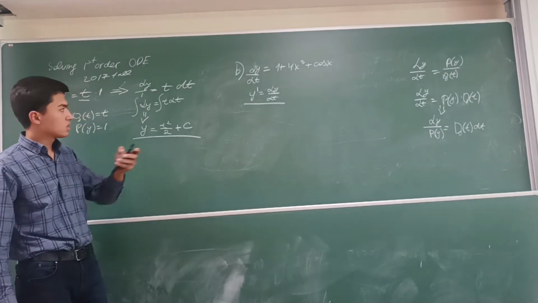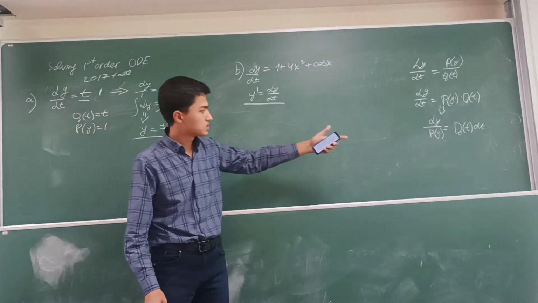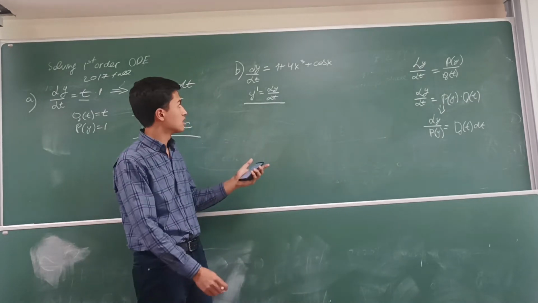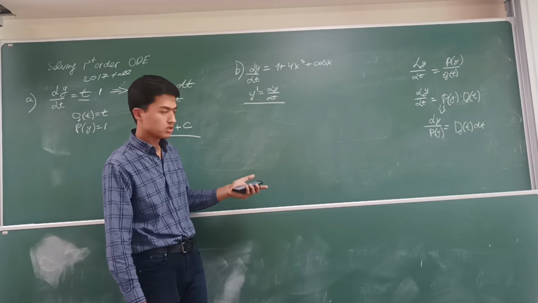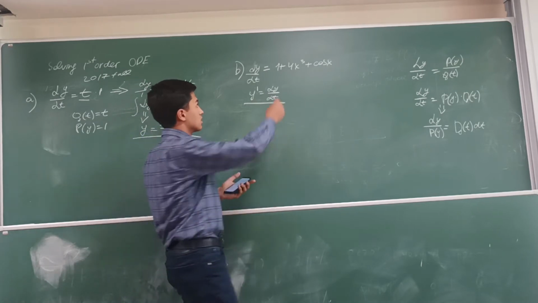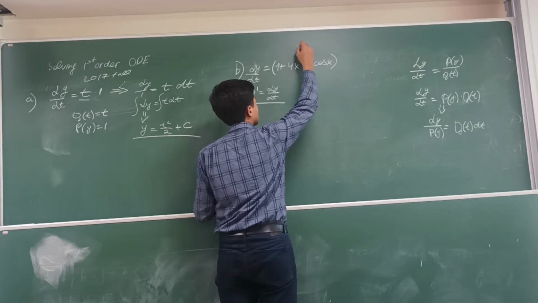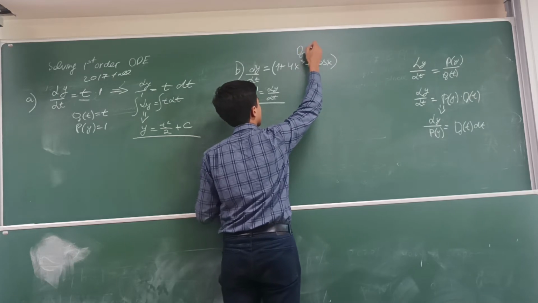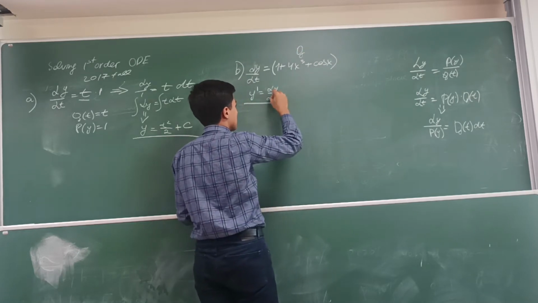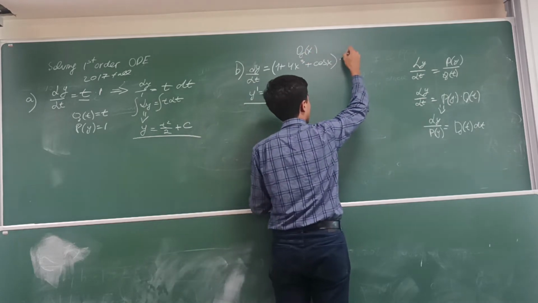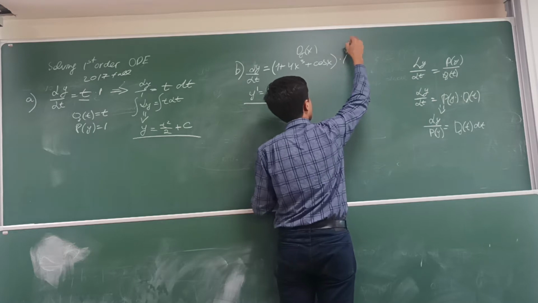So who can tell me the value of q(t) and p(y)? q is just 1 plus 4 times x cube plus cosine x, and p(y) is just 1. In this case, it's q of x, yes. So multiplied by 1, and this is p(y).